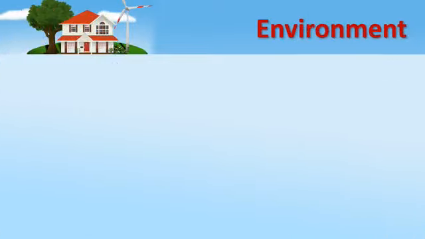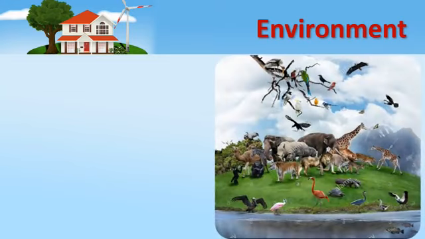The first part of the title is environment. The following picture depicts exactly what the word environment means. Environment refers to conditions, circumstances, things and objects that surround us as human beings.